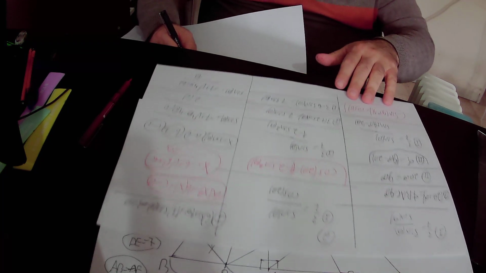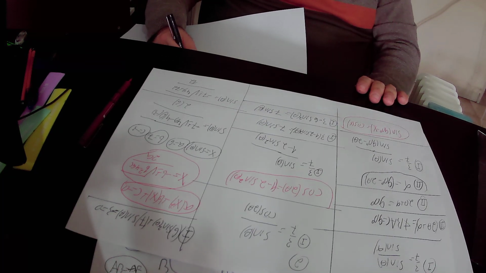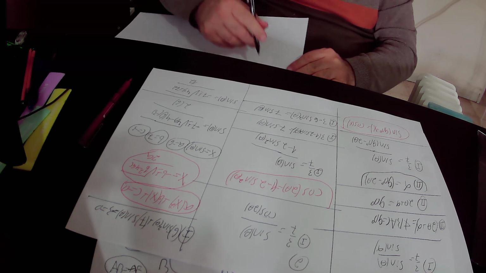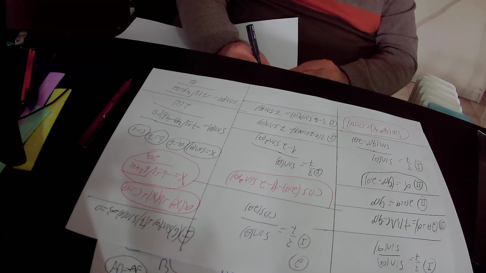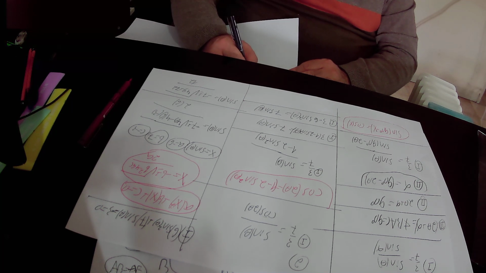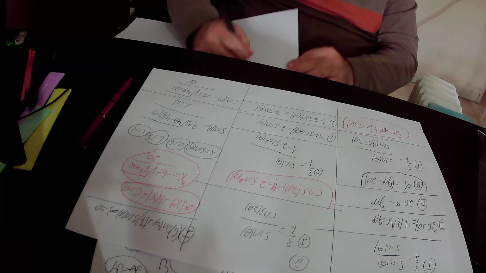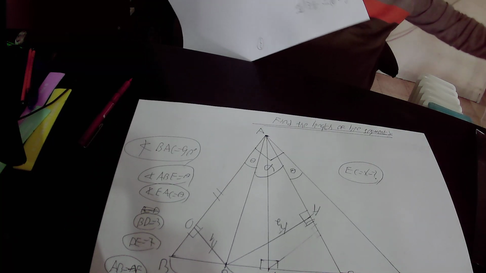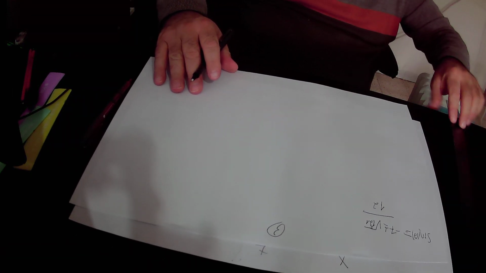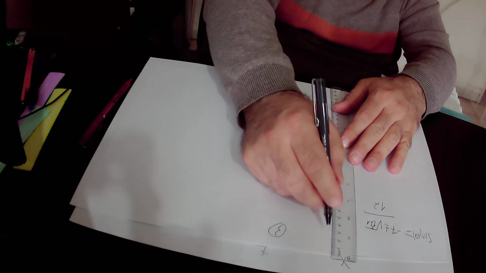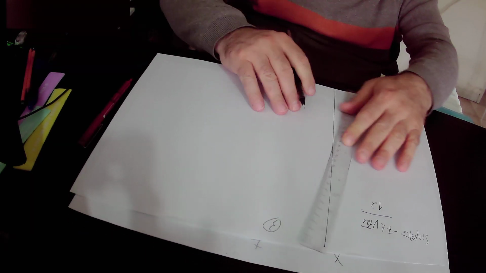We found that sine theta equals minus 7 plus minus 49 plus 72, which is 121, over 12. The square root of 121 is 11, so I'll write it down.